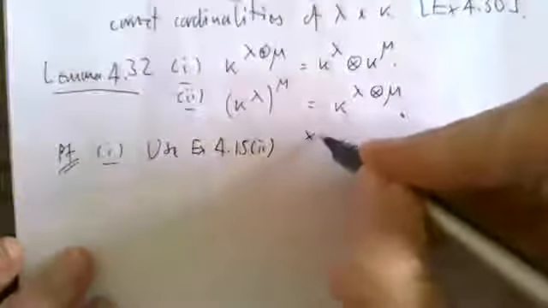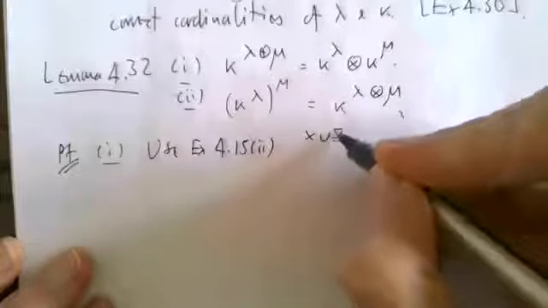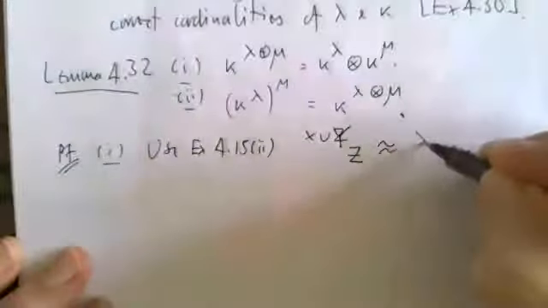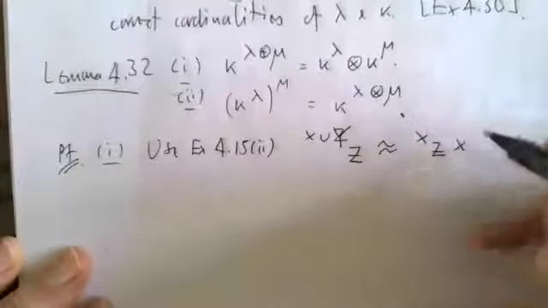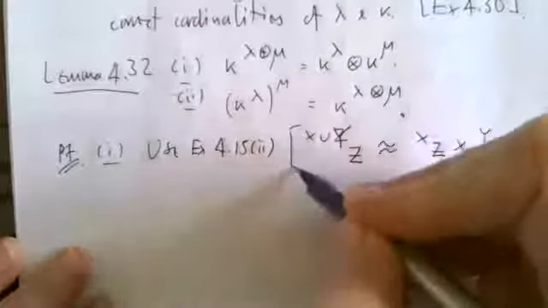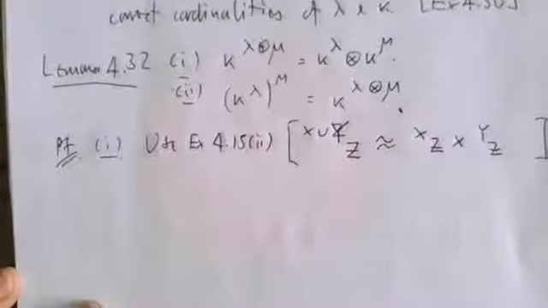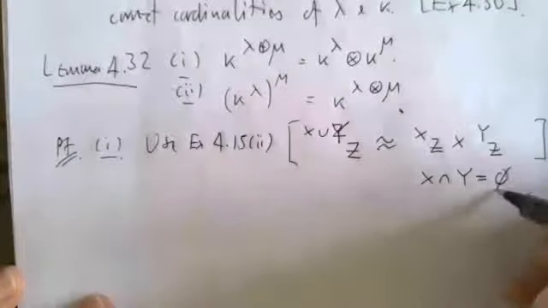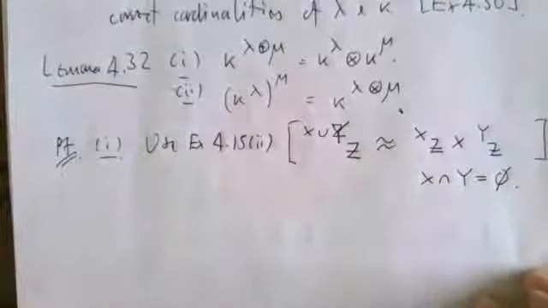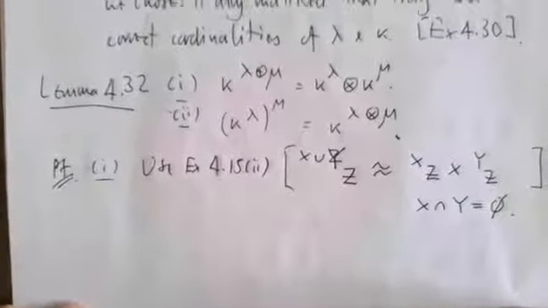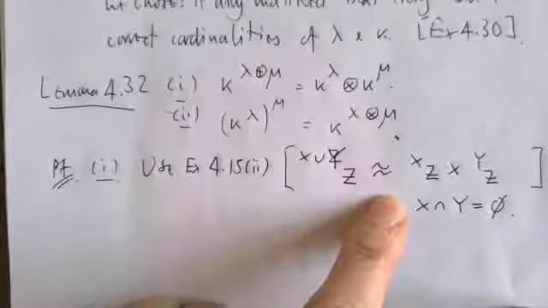Right, so that said, if I've got x union y into z, this was bijective with x into z Cartesian product y into z, if I had x intersect y empty, with x and y disjoint. So let's use this.